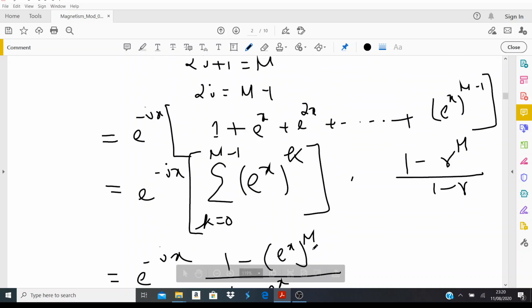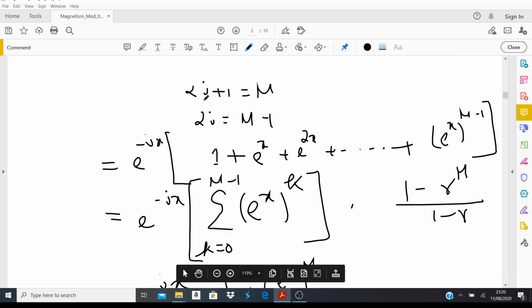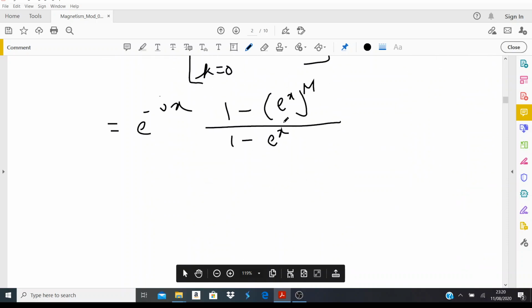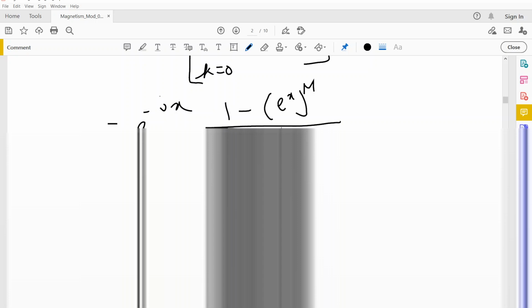And you know what is the value of m? This is twice j plus 1. So once we perform the summation, now we will get back to our original notation. So now we can replace e to the power x, and then m is nothing but twice j plus 1, 1 minus e to the power x, right?